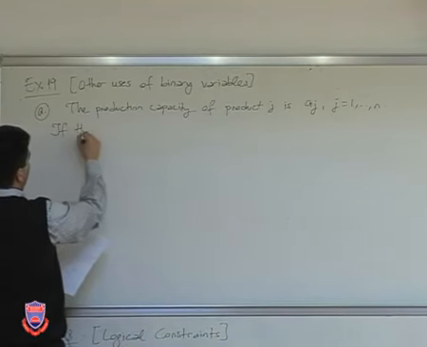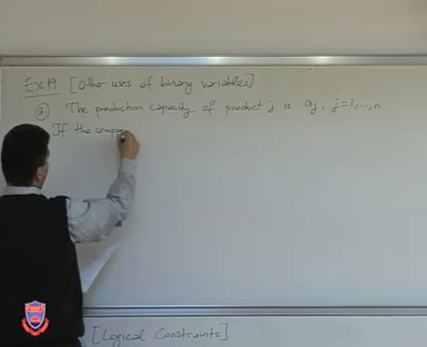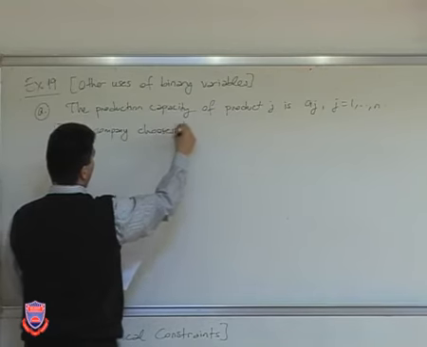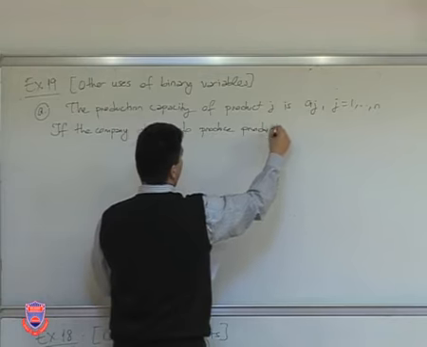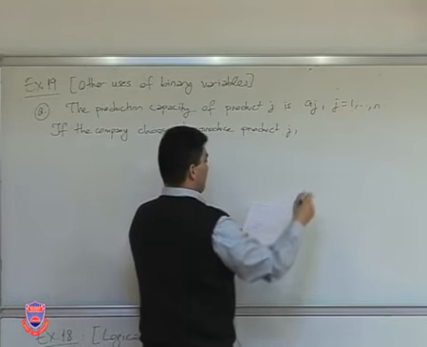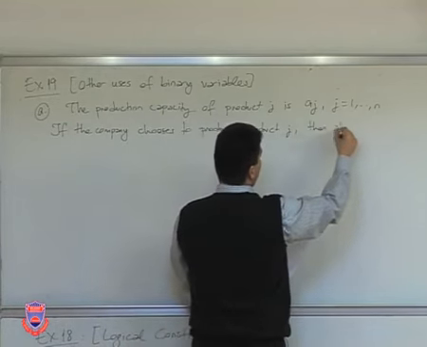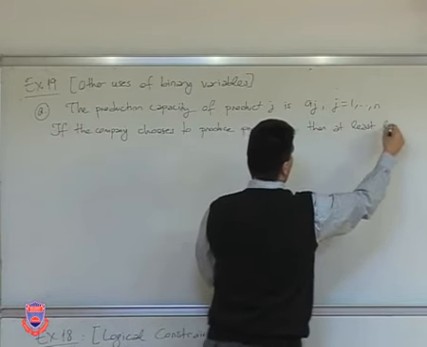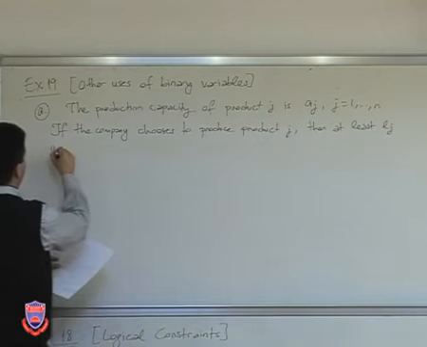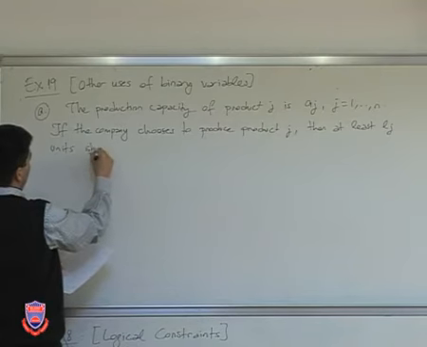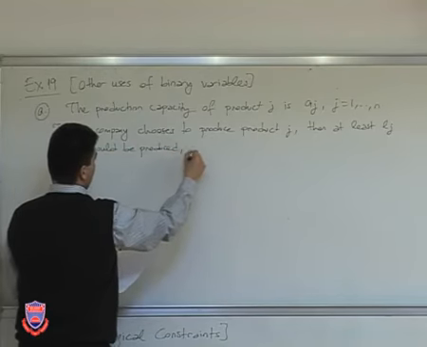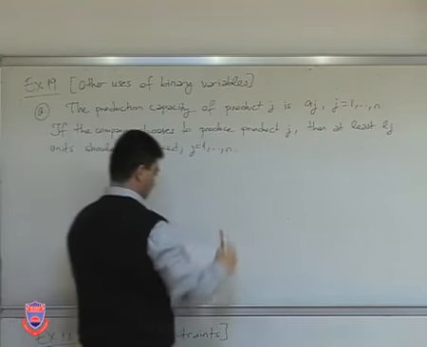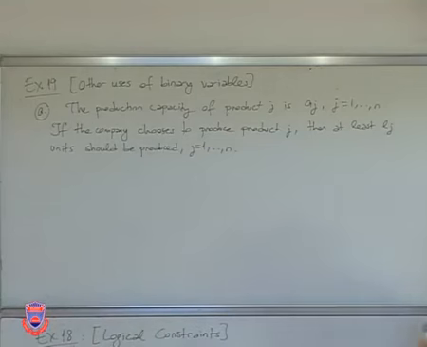So suppose that if the company chooses to produce product J, then at least LJ units should be produced. So here J goes from 1 to n. Now I'm not going to give you the whole formulation, but suppose that this is part of a problem.